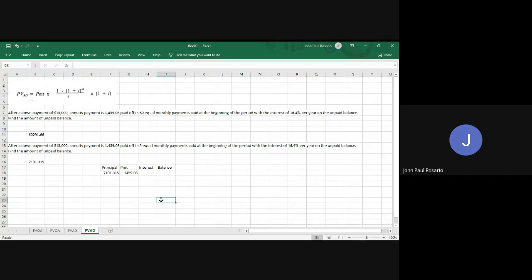Since this is an annuity due, at the very beginning, at period 0, you pay at the very start of the period, so only the remaining balance earns interest for year 1. Right? Okay, so what's this one?